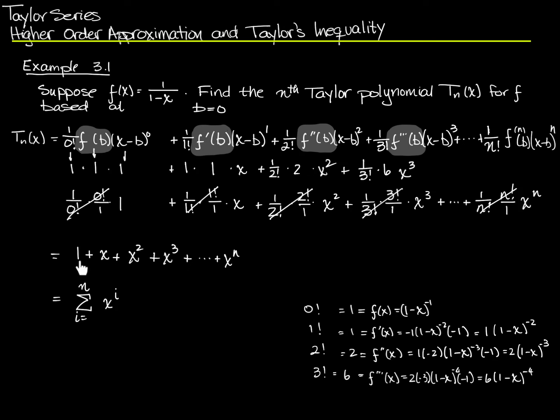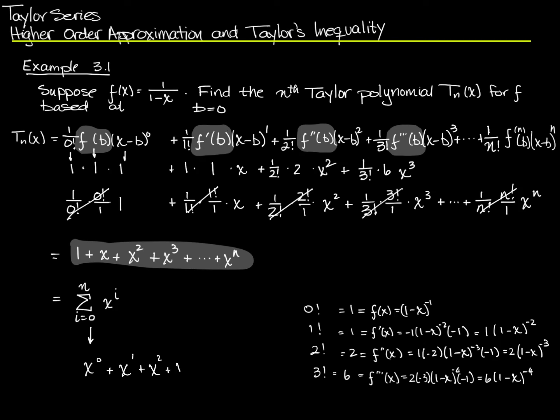Now, this first term looks like it doesn't have an x in it, but it does. It's x to the 0 power. So I'm starting at i equals 0, and I'm ending at i equals n. And if I did not know what this looked like, and I had just been given this, I could say, well, what that means to me is to take x to the power of, start here, and add x to the power of 1, x to the power of 2, x to the power of 3, x to the power of 4, x to the power of 5.